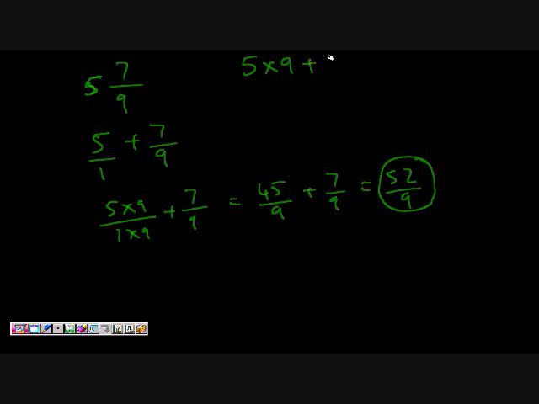So what we did was take the whole number, 5 in this case, multiply it by the denominator, add the numerator to it, and then divide by the denominator. So 5 times 9 is 45, plus 7, divided by 9, which is the same as 52 by 9. So instead of finding the LCM, this is the easier method. It's basically the same as finding the LCM, but it's an easier way to do it.